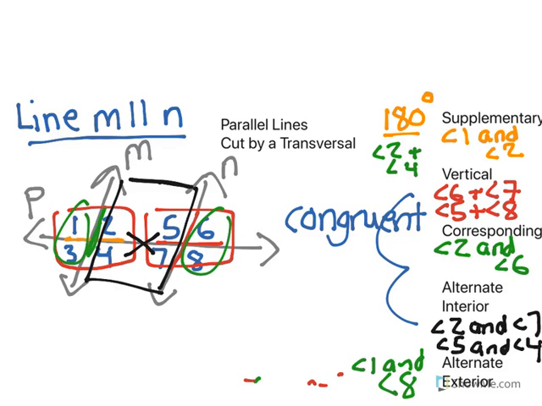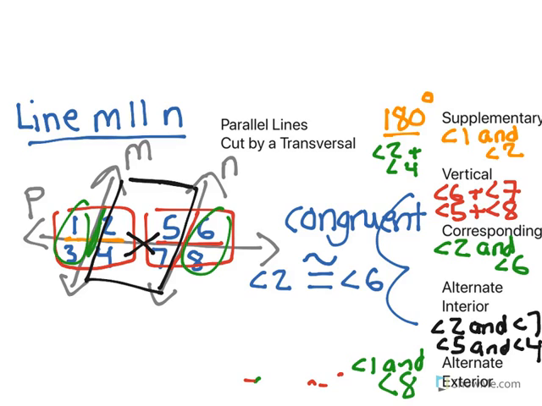And when we talk about angles being congruent, the symbol we use for that in math, so we don't have to write out congruent each time, is an equal sign with a little squiggly on top. This means congruent. So in our example here, I'm just going to use our corresponding one. Angle 2 is congruent to angle 6.